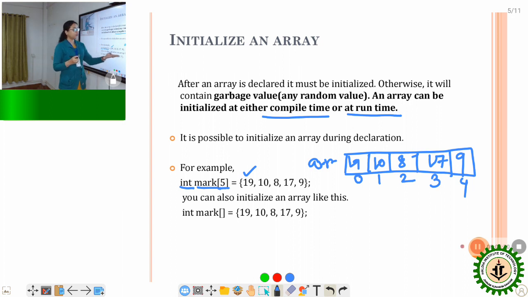Means if we put 4 values here, marks contains 4 values. If we put 5 values here, then marks contains 5 values. Here I made a mistake: marks is the array, not ARR. Previously we declared the ARR array. Here we initialize the values from this example.